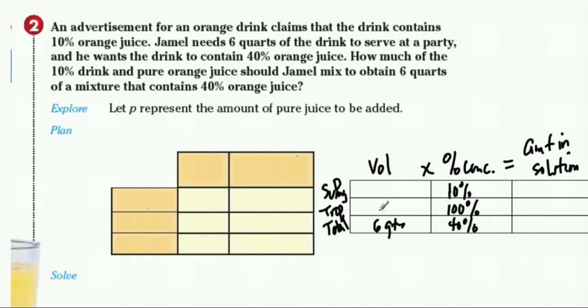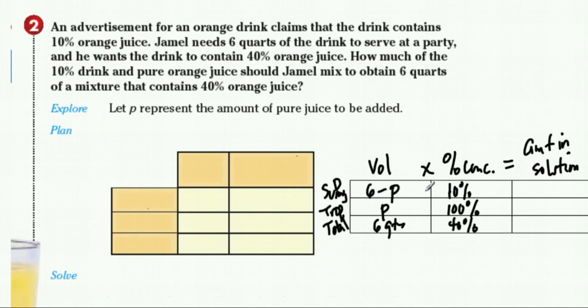Since the total is 6 quarts, and if we let P represent the pure juice to be added, which is Tropicana, it's logical to follow that Sunny D would be 6 minus P.